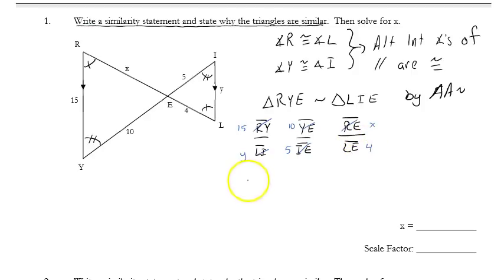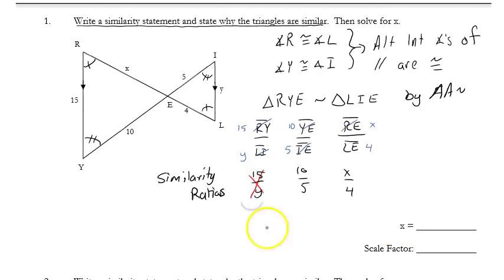So my similarity ratios would look like this: 15 over Y, 10 over 5, X over 4. I have to solve for X. Obviously, 15 over Y won't help me solve for X. These are the two that will. So I set them equal to each other, cross multiply, 5x equals 40, and x equals 8.